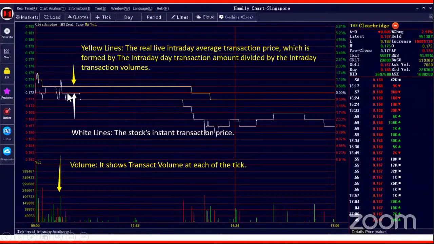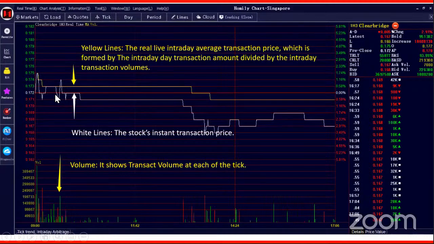If the white line is below the yellow line, that means the transacted price actually is going down. But if the white line moves above the yellow line, that means the transacted price is going up.